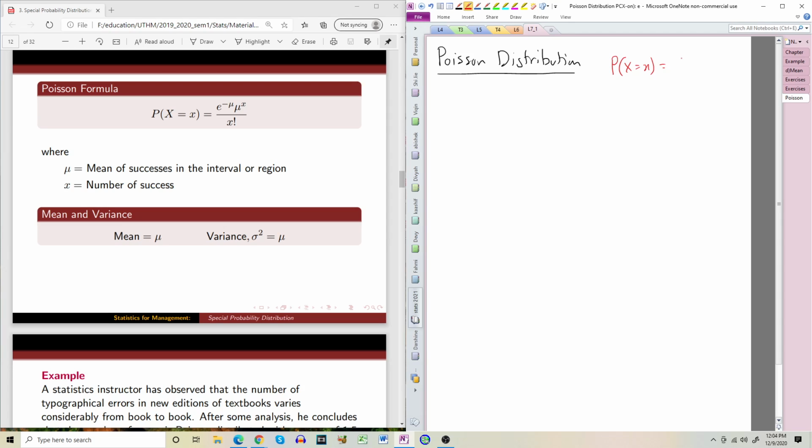Exponent, sorry, Euler number, e, Euler number, okay, this is the formula.